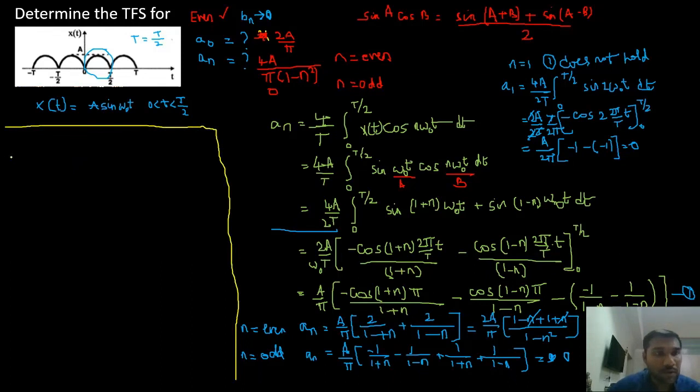My x of t is equal to, what is a naught? A naught is 2a by pi plus summation.